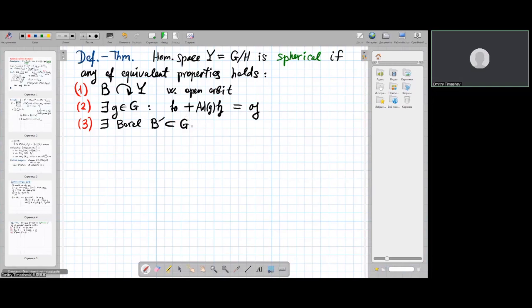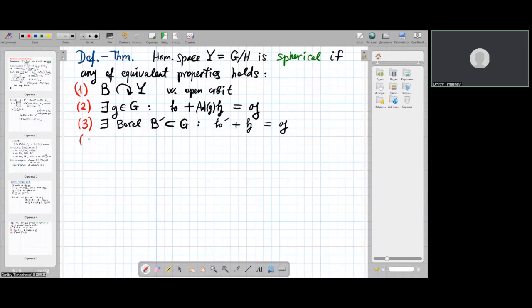So the third condition is that there exists a Borel subgroup B in G such that if you take the Lie algebra of this Borel subgroup and add the Lie algebra of H, then we get the Lie algebra of G. This condition is very similar to the second one. Let me finish the list of conditions, and then we can make a break.